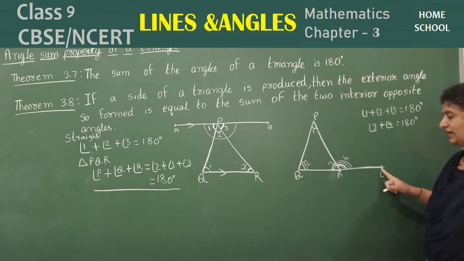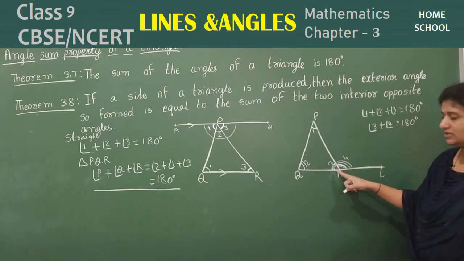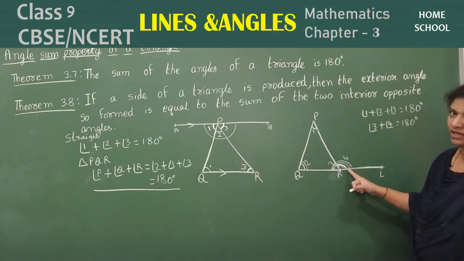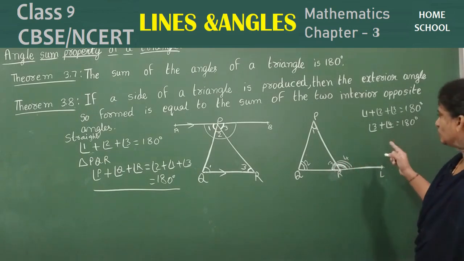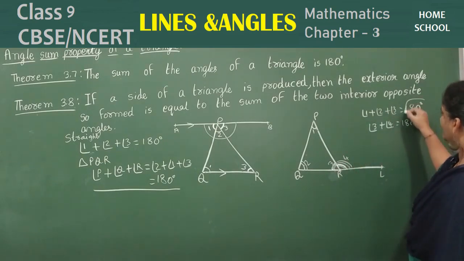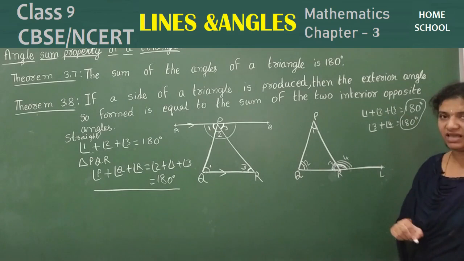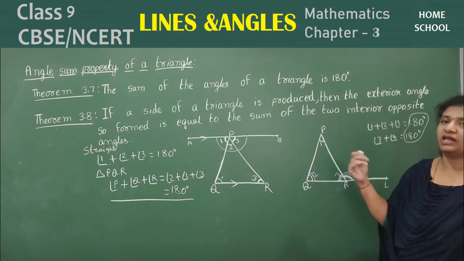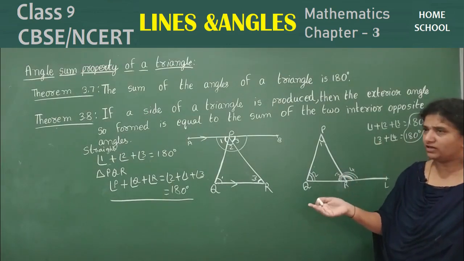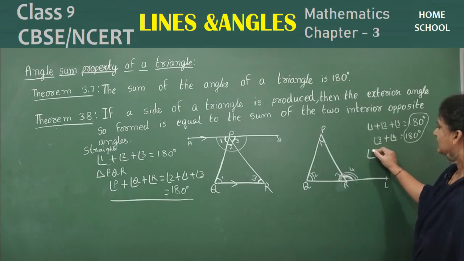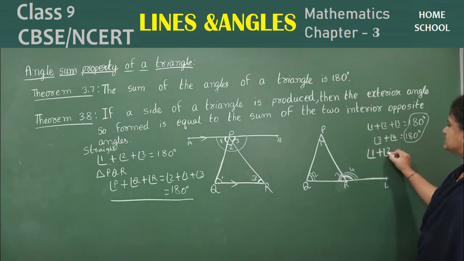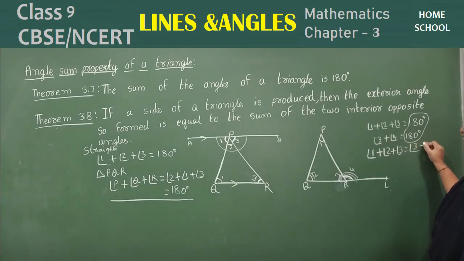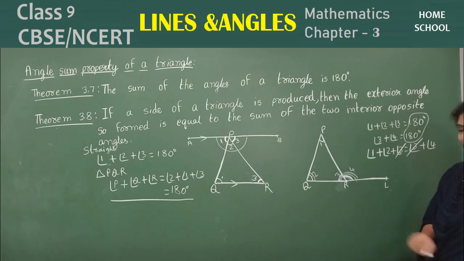Observe here, straight line from a point, the sum of these two angles will be 180, we know. So now equate these two, why? 180, 180, same. Things which are equal to the same thing are equal to one another by axiom 1. So I can say angle 1 plus angle 2 plus angle 3 is equal to angle 3 plus angle 4. That makes angle 3 cancel.